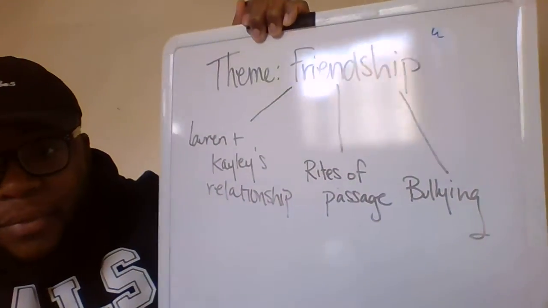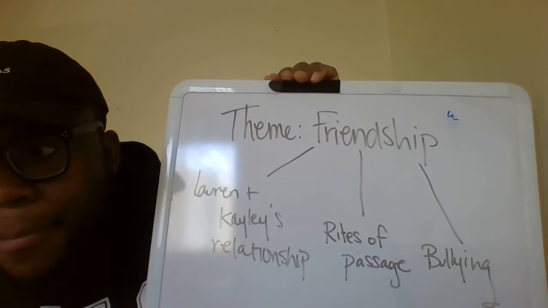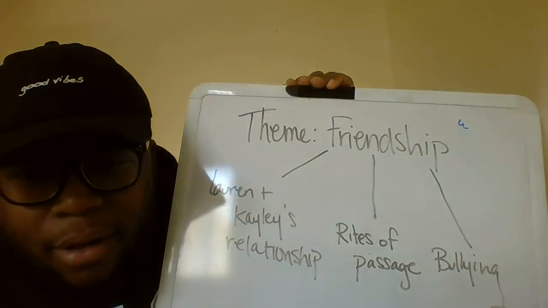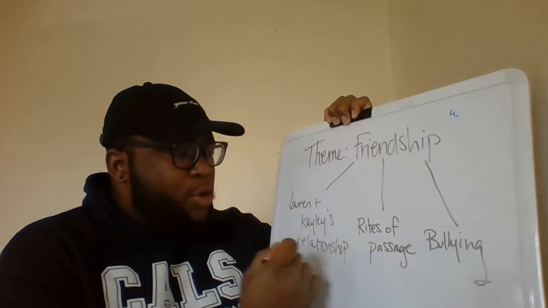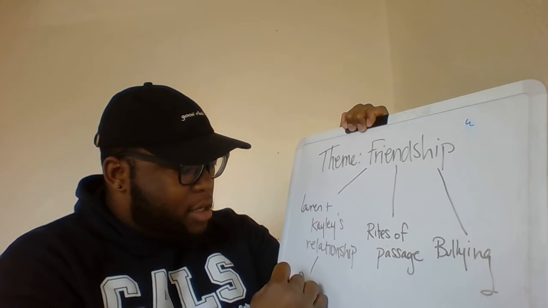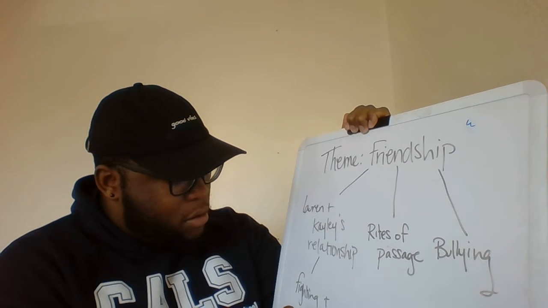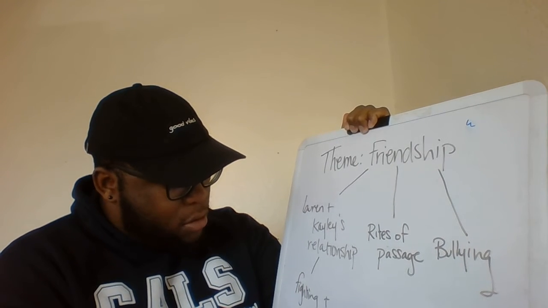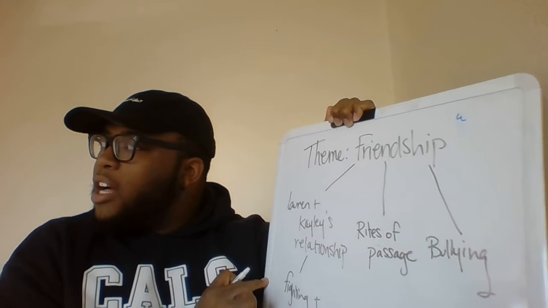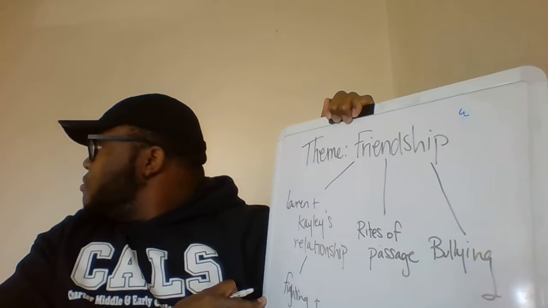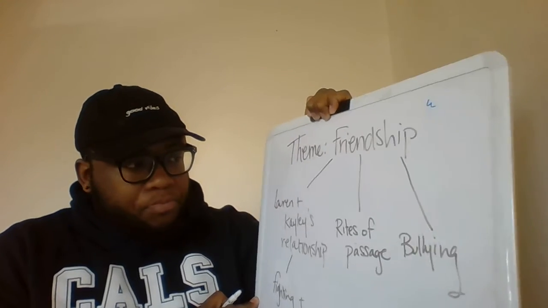Now, can you see that? In their friendship, were they always friendly or positive? They fought, right? So we talk about their fighting and disagreements. They fought, they disagreed, they didn't like each other. That's one.